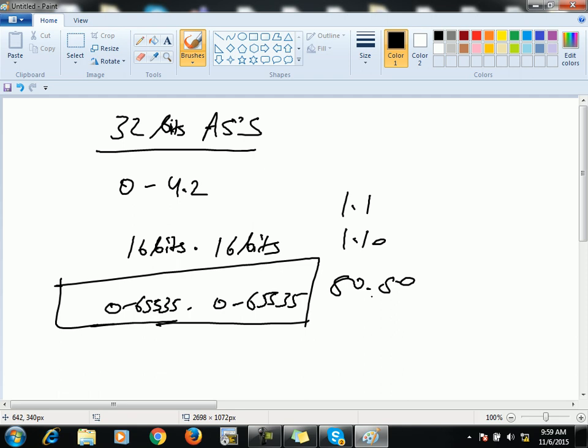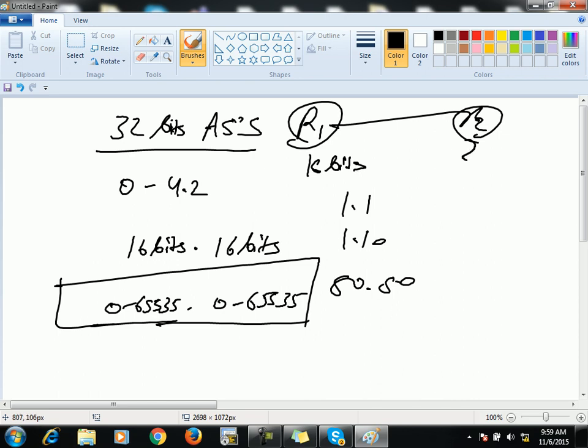So you can represent your ASs in BGP in this format as well. It is up to you whether you want to use 16 bits long ASs or 32 bits long ASs. It is also possible that on R1 you use a 16 bits long AS and on R2 a 32 bits long AS, but they can still form neighborship.